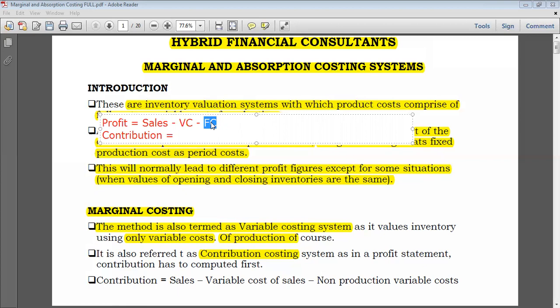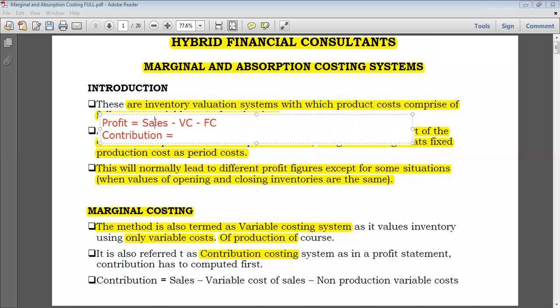So even before producing anything, even before incurring any variable cost on production, he would have incurred these fixed costs. So whenever he makes a single product, he would have incurred a variable cost per unit, expecting to recover that cost from sales and ultimately making a profit.